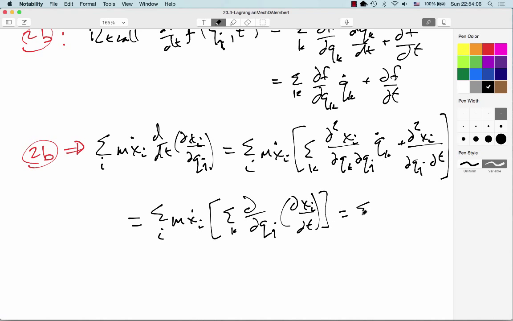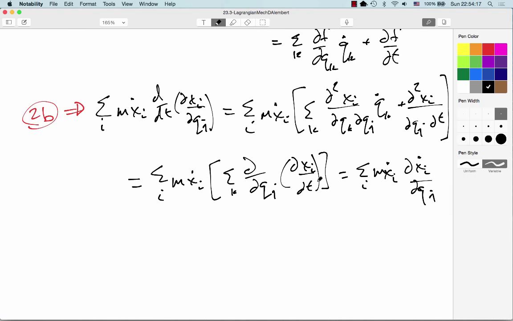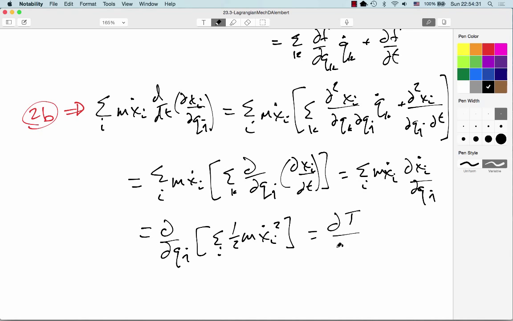So that's going to equal the sum over i of m xi dot partial xi dot partial qj. Now that's looking a little familiar. That's going to be partial partial qj of the sum over i of 1/2 m xi dot squared. So that's partial T partial qj.